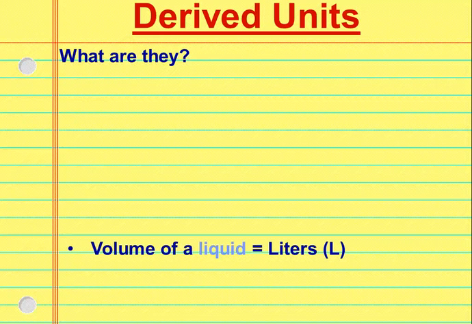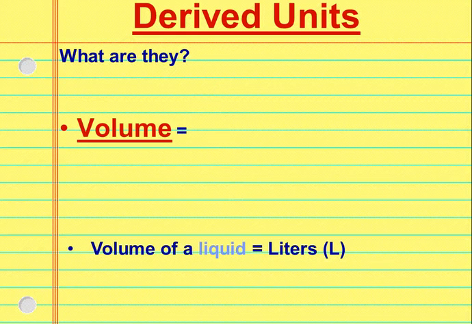For instance, an example of this is what we measure density in, and you're going to see this on a slide in a minute. Density is actually a measure of mass and volume, seeing that they both have different units to them. The overall density's unit is a gram per milliliter. So that's 2 units put together to make 1 unit. Okay, that's what a derived unit is.